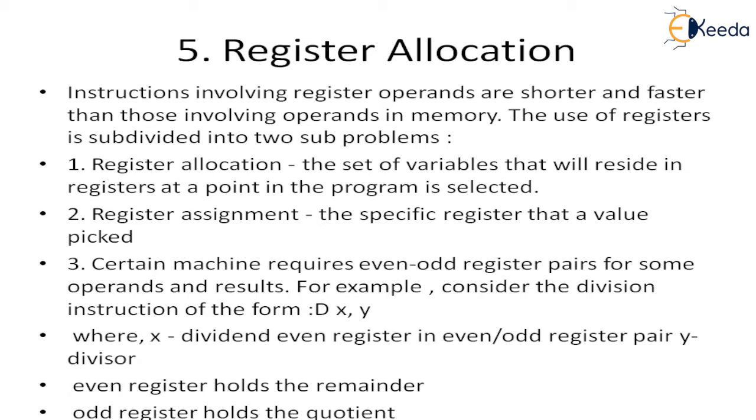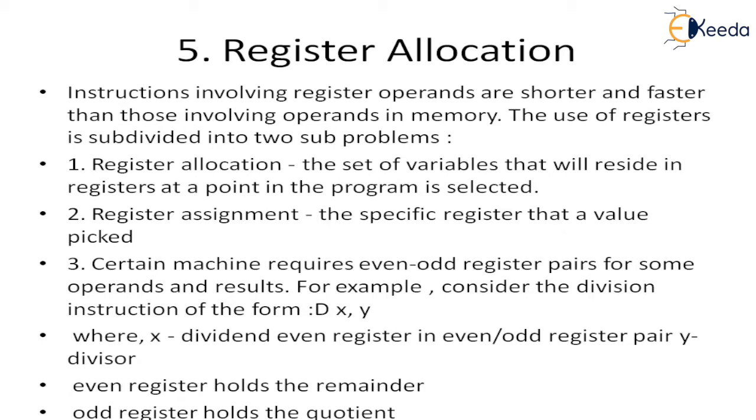The use of registers is subdivided into two subproblems, namely register allocation and register assignment. Register allocation is different and register assignment is different. Allocation is nothing but selecting the variables that will reside in registers at that point. And register assignment is nothing but picking the specific register where the variable value resides.